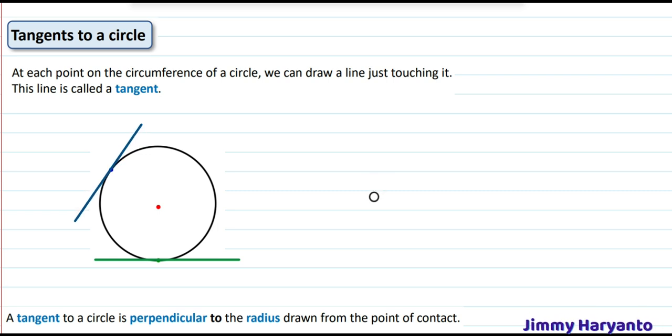This is called the tangent line. And a tangent line to a circle is perpendicular to the radius drawn. So if you draw a radius like this, the angle formed will be 90 degrees. Also this one, if you draw the radius, you'll have 90 degrees at the intersection.